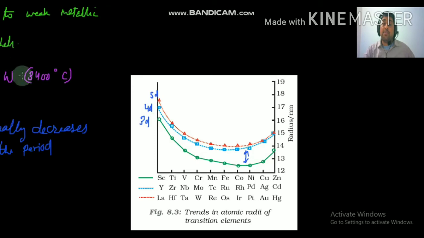But what happens when we move from 5d to 6d? The curve will almost superimpose on the curve of the previous series, that is 5d. This is due to actinoid contraction, and the similarity between 4d and 5d is due to lanthanide contraction.